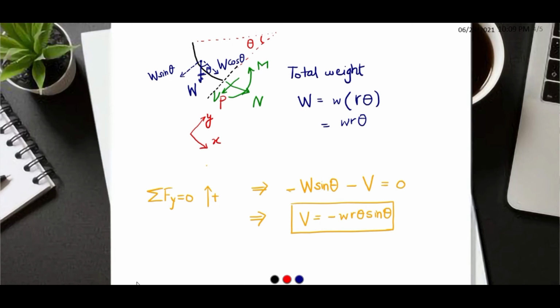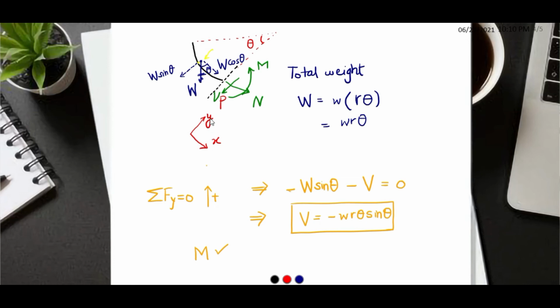Now our last part, moment. We know that moment is force times perpendicular distance, but an important point to notice here is that it is difficult to find the centroid because it is not lying on the beam, it is somewhere here.